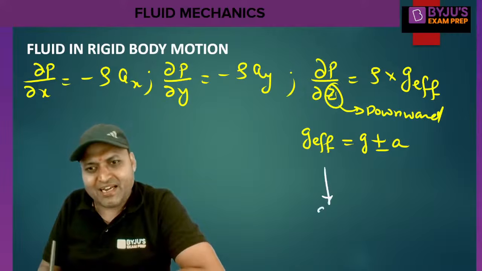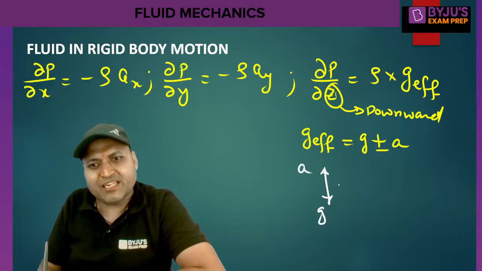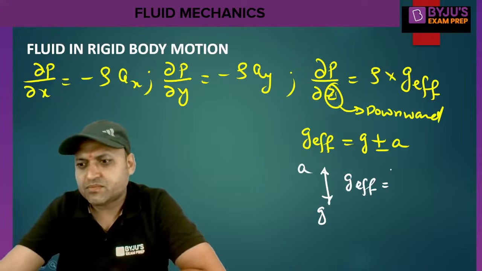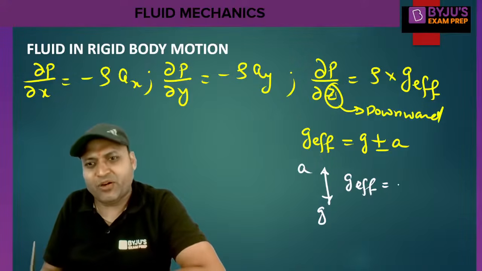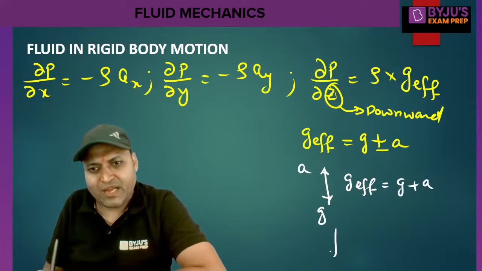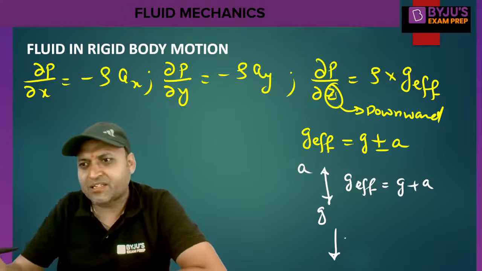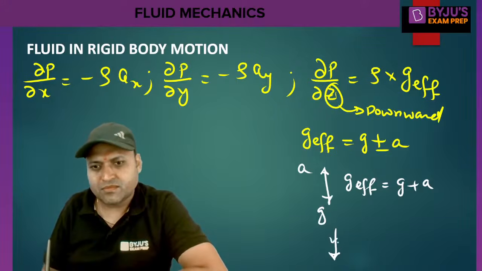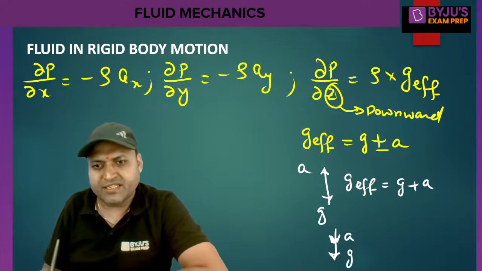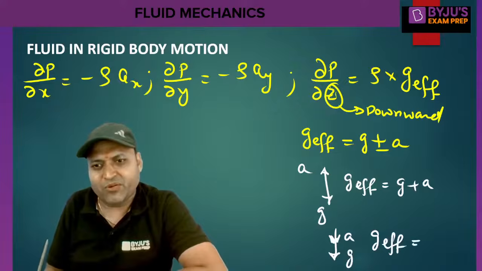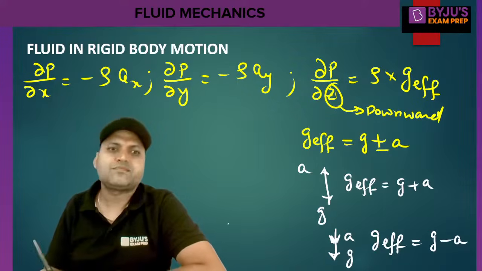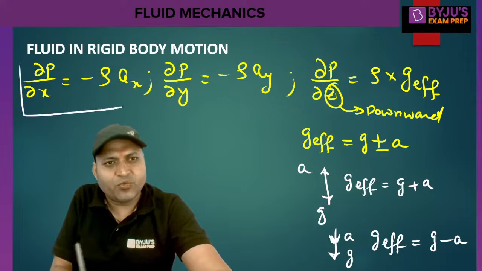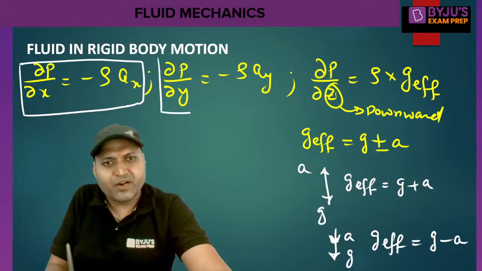When G and A are in opposite direction, then G effective will be equal to G plus A. When G and A are in the same direction, this is A, this is G, then G effective will be equal to G minus A. These are the formulas for rigid body motion.